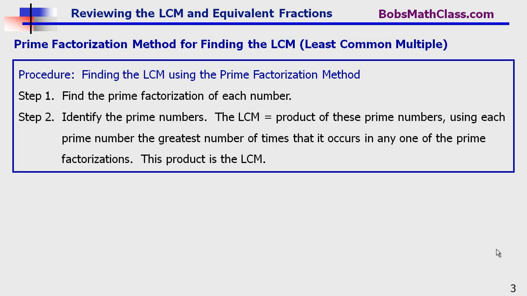The LCM is a product of these prime numbers using each prime number the greatest number of times that it occurs in any one of the prime factorizations. This product is the LCM. Yeah, that sentence is kind of tricky.